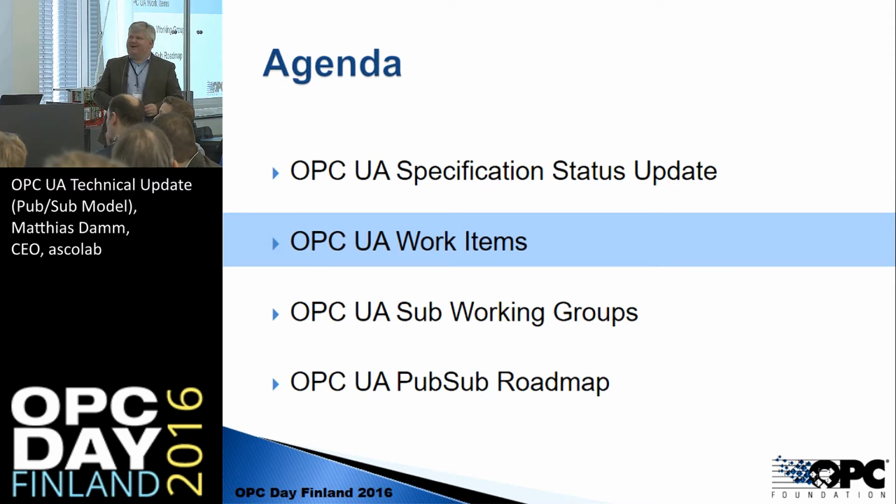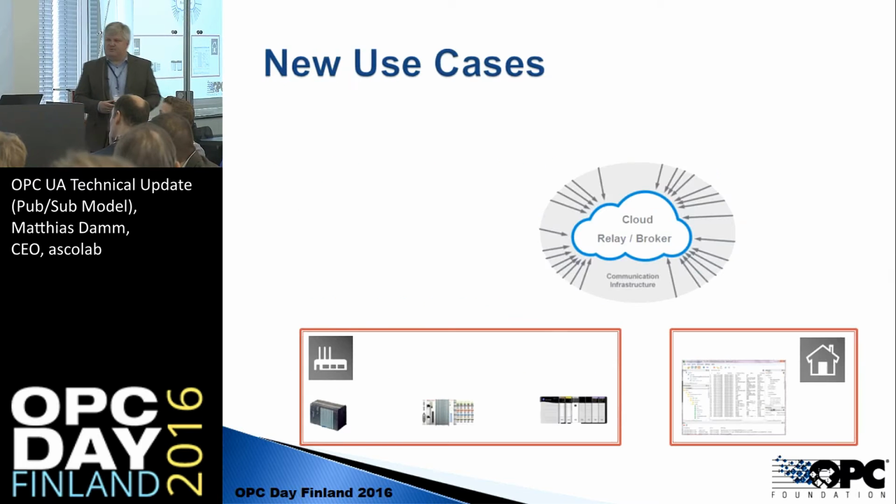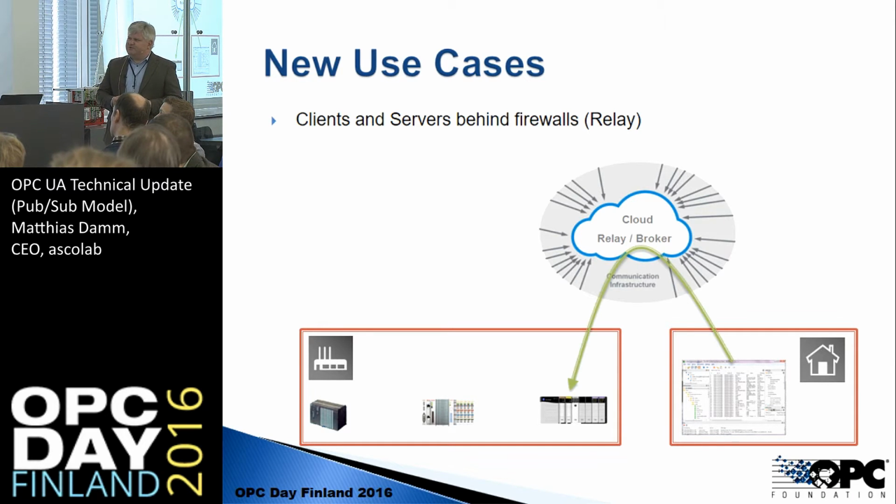So I want to talk about the work items the OPC UA working group is mainly working on at the moment. We collected a lot of new use cases over the last 5-6 years. One that was first brought to us by smart grid environments, but is more and more common, is the requirement to have communication between client and server where both partners are behind a firewall.